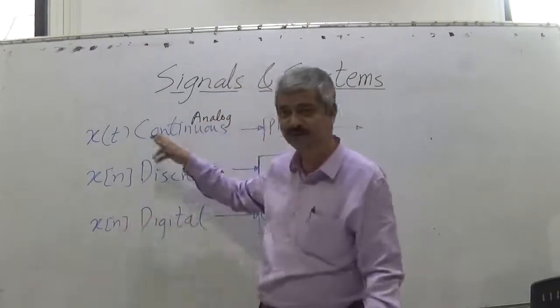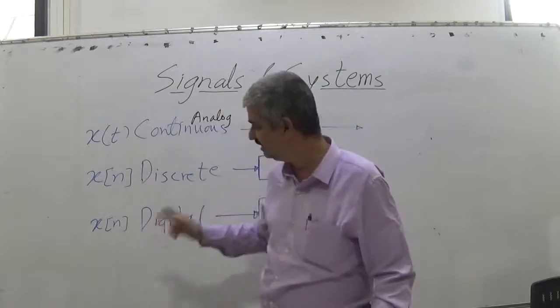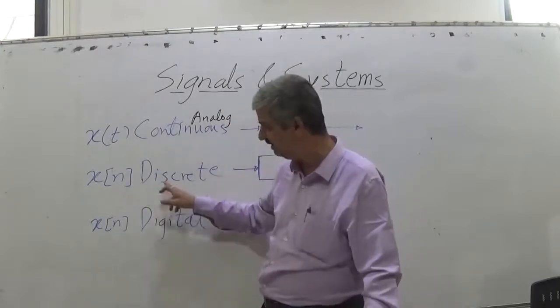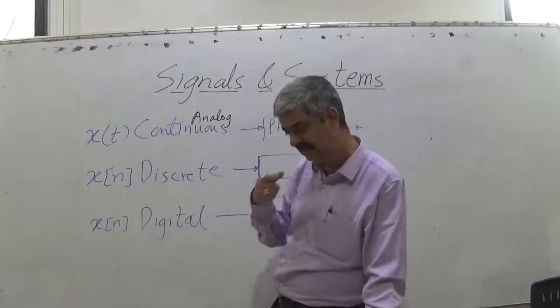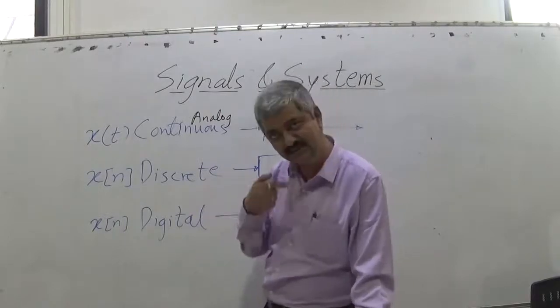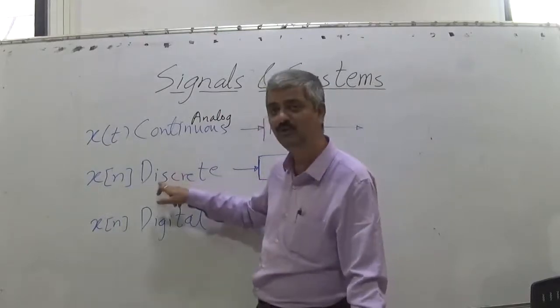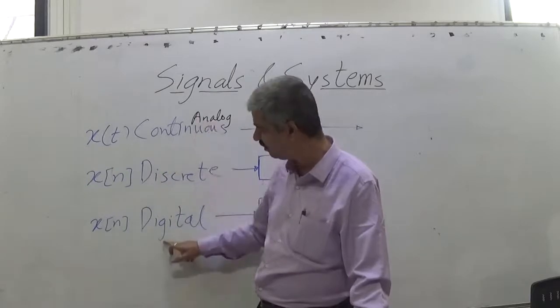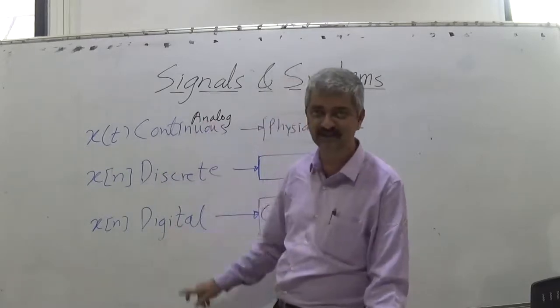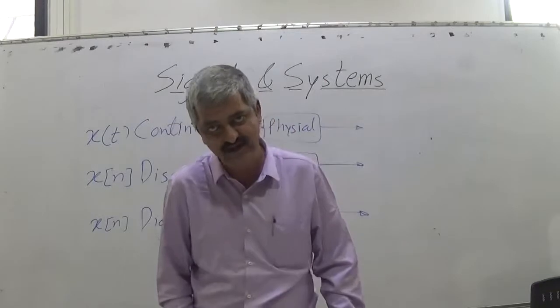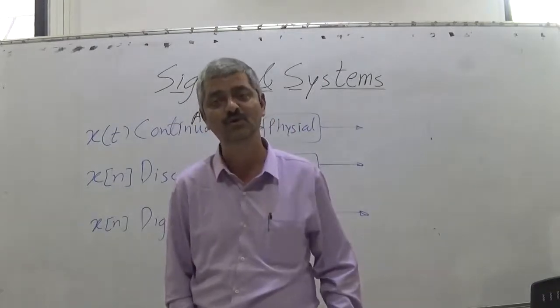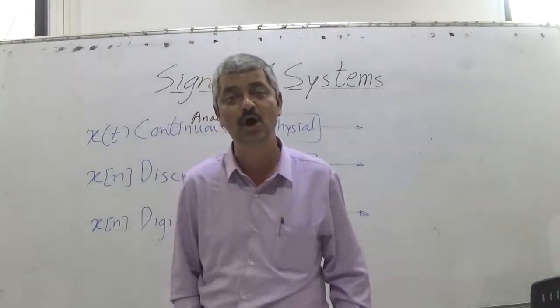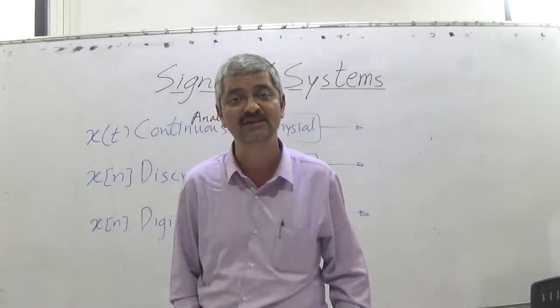In case of continuous, both are real. And in case of discrete, the index is an integer, value is real. In case of digital, the index is an integer and the value is also some bit or some digit combination.